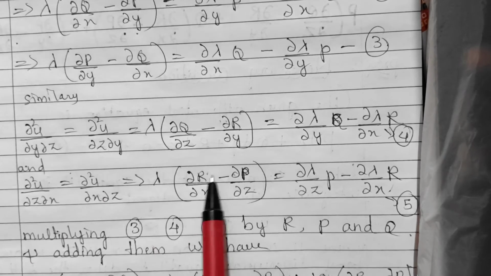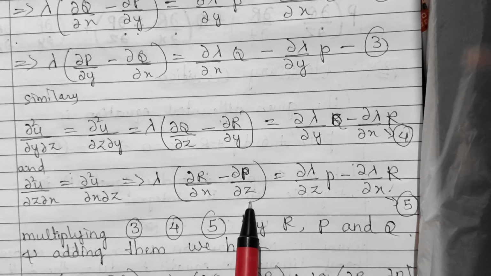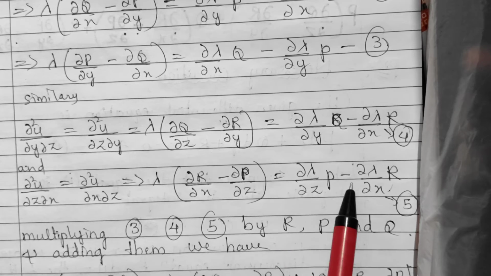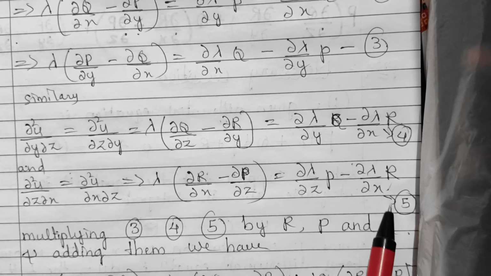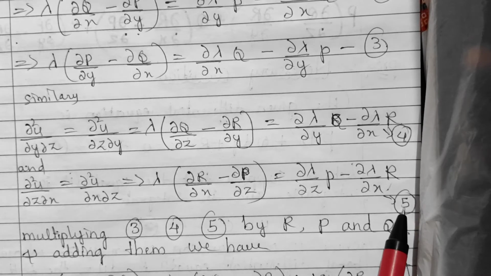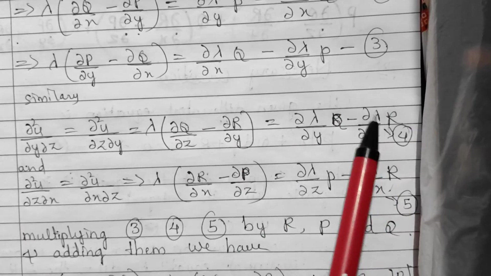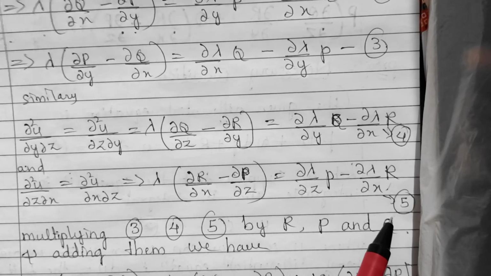Therefore for this, the equation is λ(∂r/∂x minus ∂p/∂z) equals ∂λ/∂z into p minus ∂λ/∂x into r. This is nothing but our equation number 5. So this is equation 3, equation 4, and equation 5.